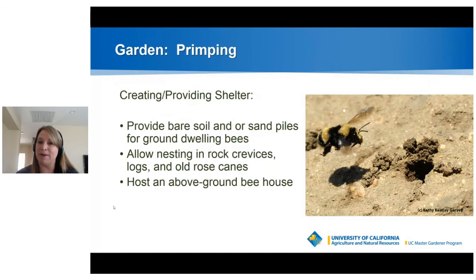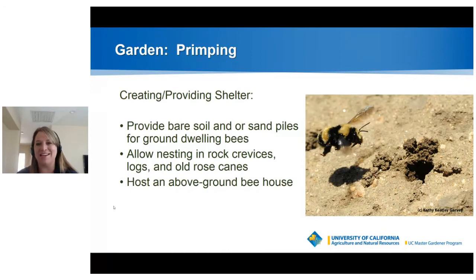Other ways, you can provide bare soil, an area in your landscape that doesn't have a mulch covering. You can also create sand piles in your landscape that need to be left undisturbed. Undisturbed sand piles are another great way to create a space for ground dwelling bees. I've had people ask me before, well, what is the aesthetic value of having a pile of undisturbed sand in my landscape?